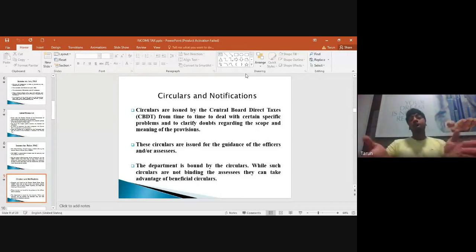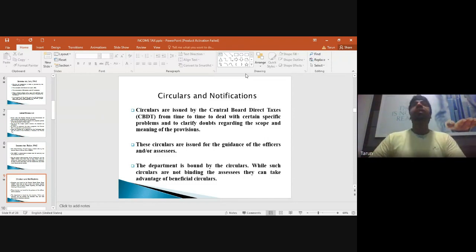And when we talk about the Central Board of Direct Taxation, the Direct Tax Department is bound by the circulars, because the circulars which have been announced in India, they're bound. They have to work according to what has been written in the circulars under direct taxes or indirect taxes.